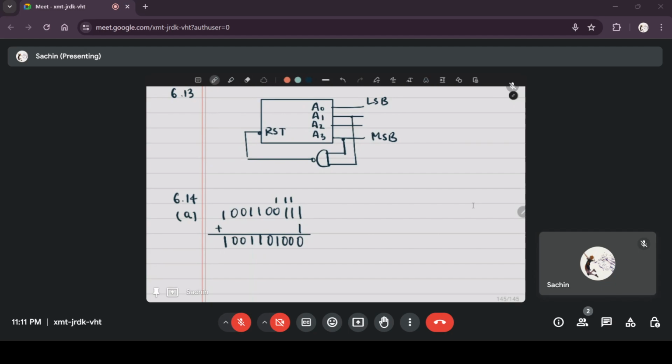So the number of flip-flops that are complemented will be equal to the number of bits that were complemented. So the first 4 bits have been complemented. So 4 flip-flops will be complemented.